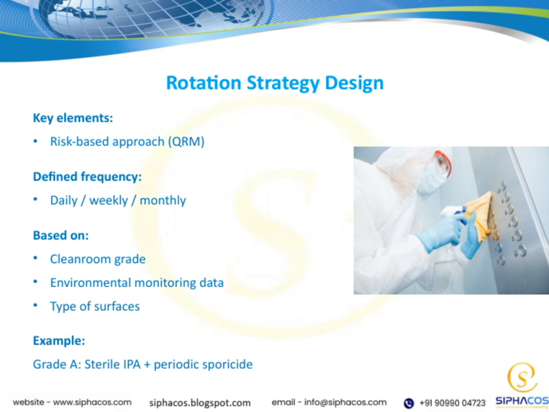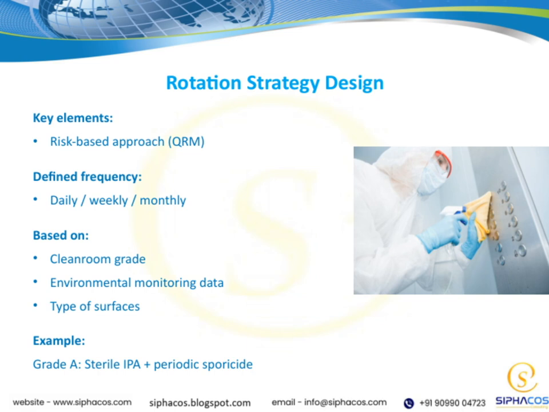Environmental monitoring data also plays a crucial role. If monitoring indicates higher contamination risks, then more frequent rotations are necessary. Additionally, the type of surfaces within the cleanroom influences our strategy. More sensitive surfaces may need different cleaning regimens.